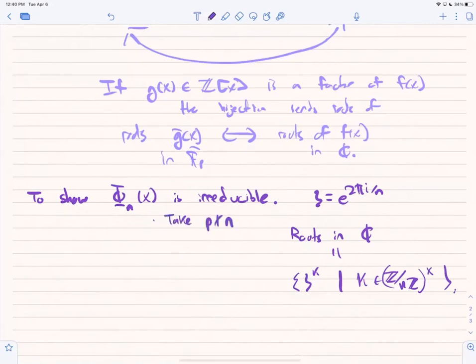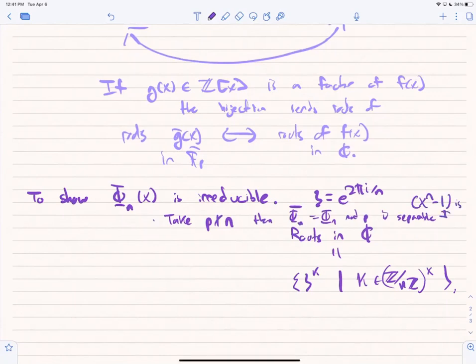Then I'm going to take p not dividing n, any p coprime to n. Then the reduction of phi_n is separable, just because x to the n minus 1 is already separable.